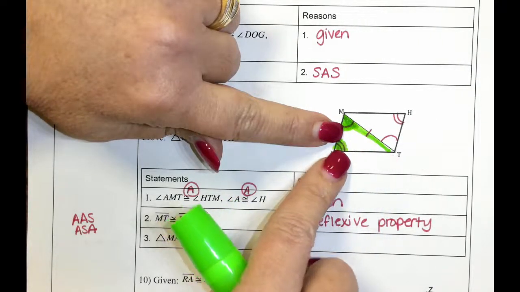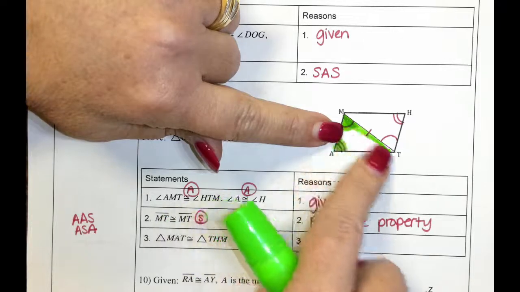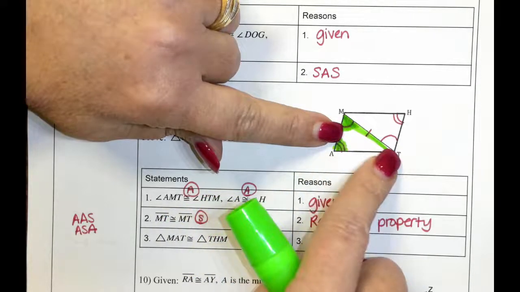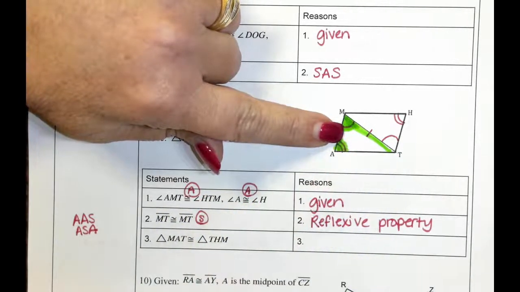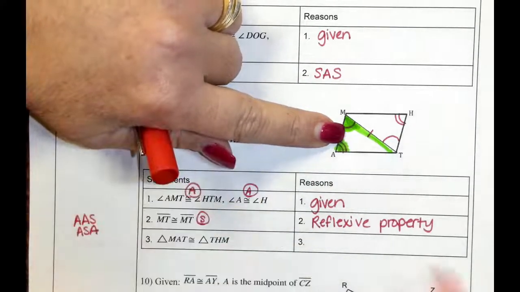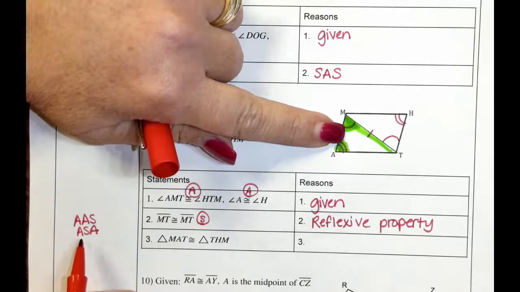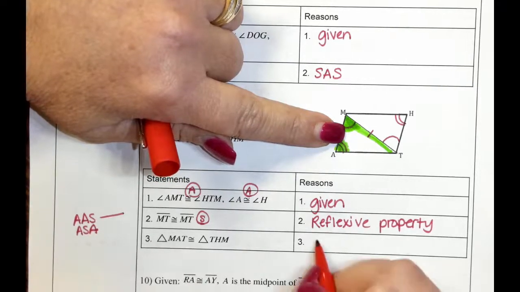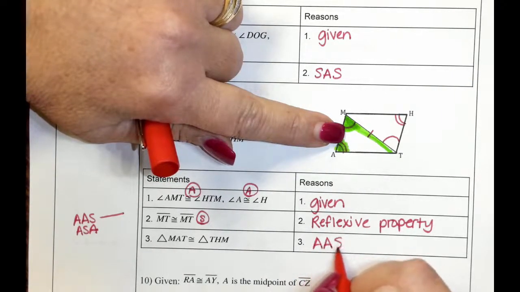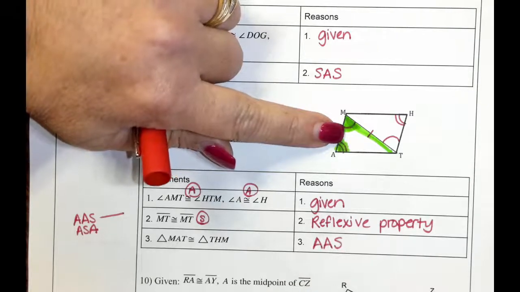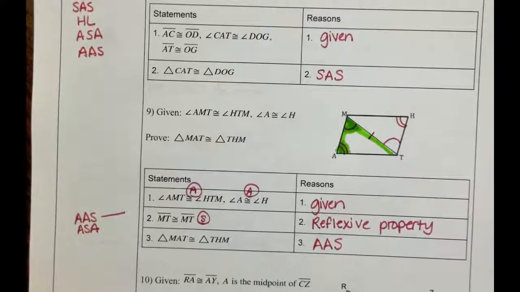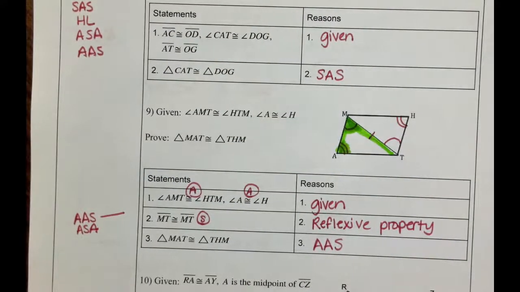So I have this angle, this angle, and this one. I have MT and M, and then I have A. It's not touching both sides, so it's not included. And so I use the not included one. That's angle, angle, side. So these two triangles would be congruent by angle, angle, side. Go off of whether it is included or not.